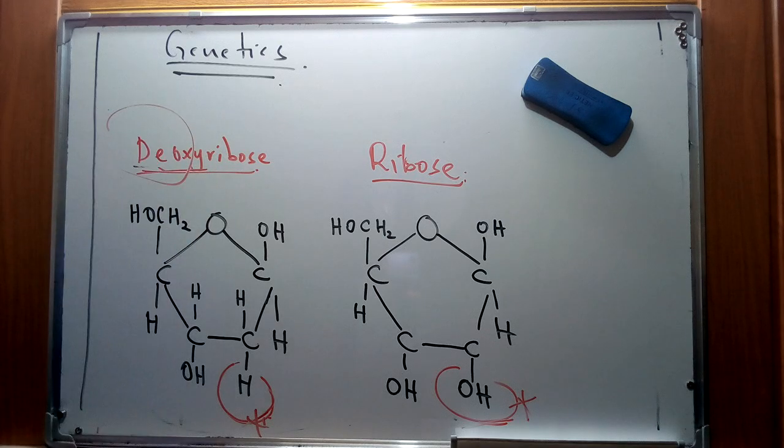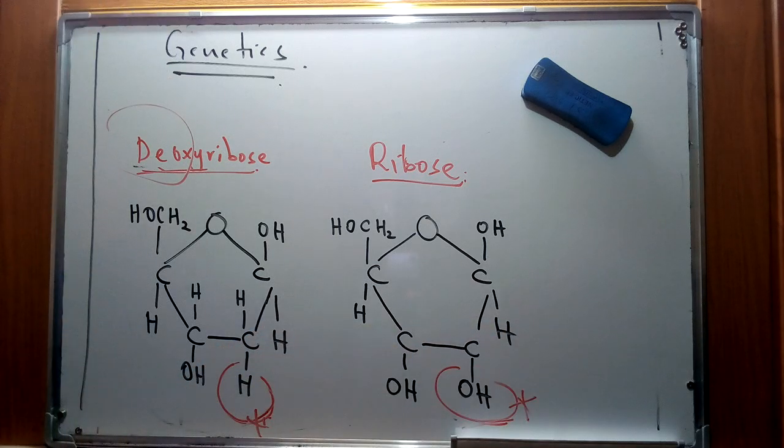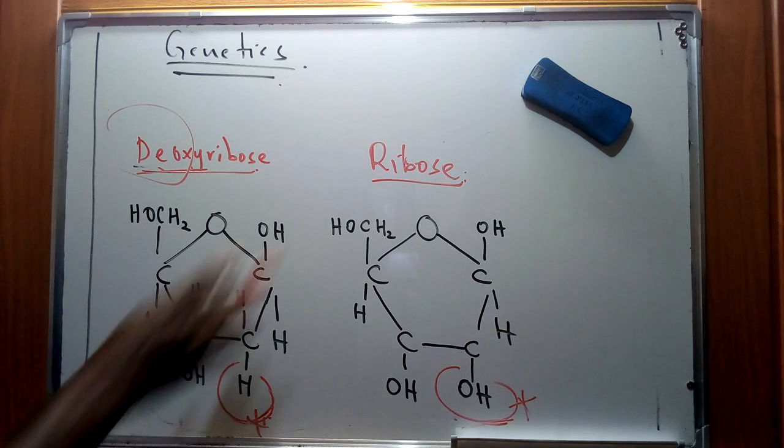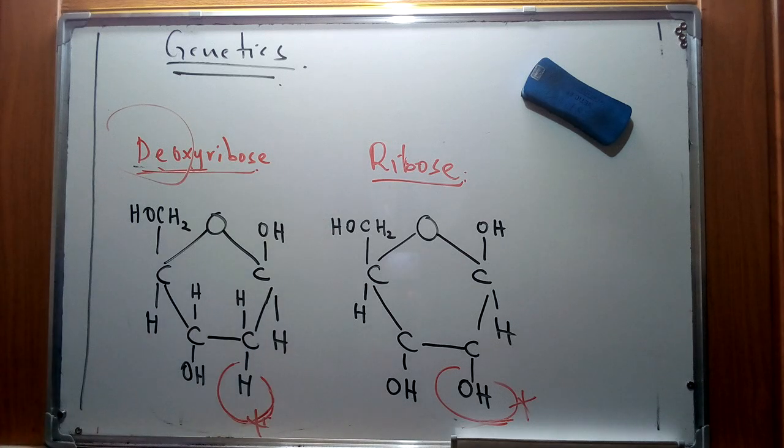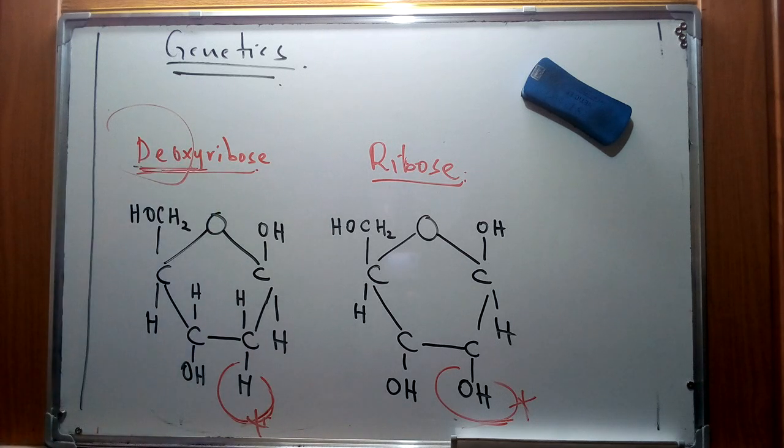This is a loss of hydroxide at this specific carbon in these two structures. In our discussion, we're going to use the term ribose or ribonucleic acid, and I wanted us to understand where this term comes from.